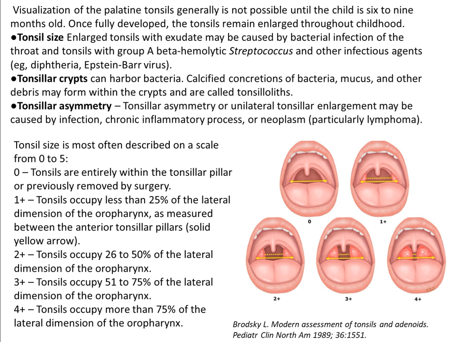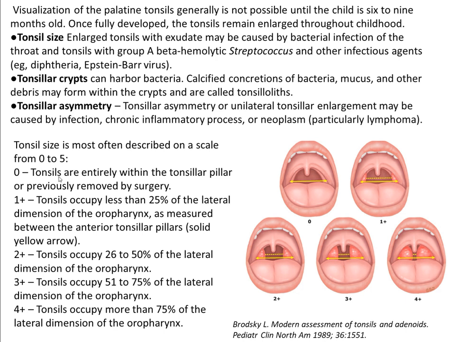Tonsillar asymmetry or unilateral tonsillar enlargement may be caused by infection, chronic inflammatory process, or neoplasm, particularly lymphoma. Tonsil size is most often described on a scale from 0 to 5.